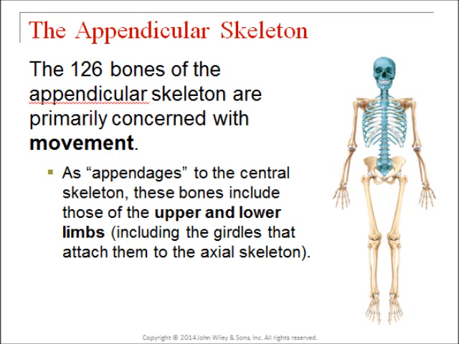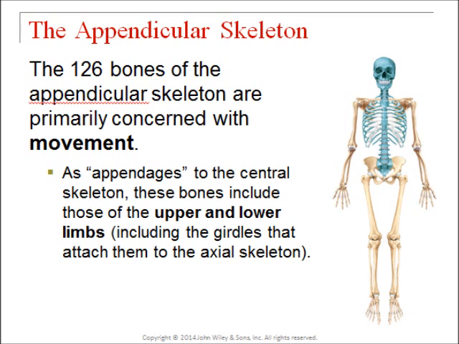As you recall, the skeleton is made up of the axial skeleton, shown in blue, comprised of 80 bones, primarily centrally located, and the appendicular skeleton, which is 126 bones. The word appendicular kind of sounds like appendages.